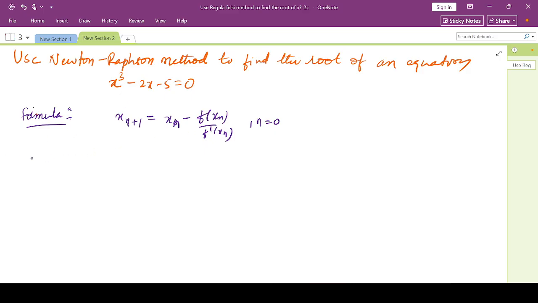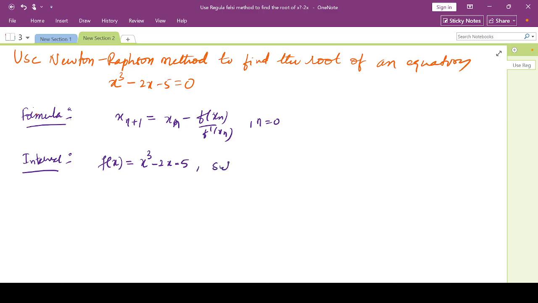Second, we find the interval. You are already aware of how to find it. Here f of x is x cube minus 2x minus 5, and we are not writing equal to 0. We go on substituting values of x.